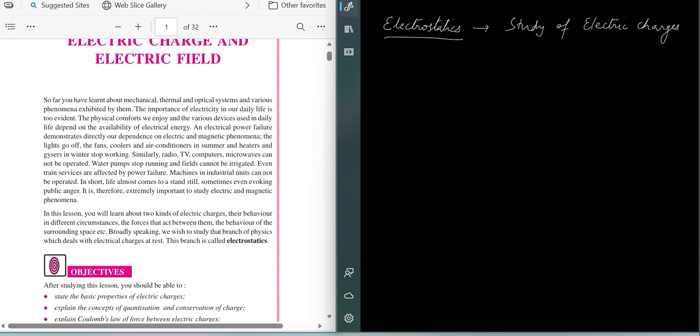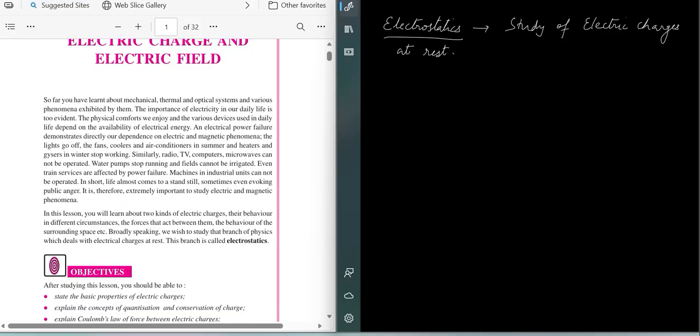Okay, study of electric charges at rest. Electric charges in motion is nothing but what we call electric current. We are not discussing that here. We are discussing the properties and behavior of electric charges when they are stationary in this chapter.